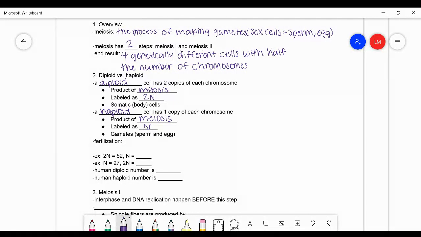And during fertilization, 2 haploid cells fuse together to form 1 diploid cell, and that diploid cell is called a zygote.